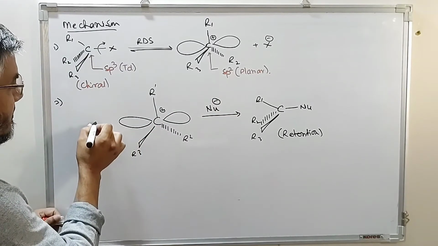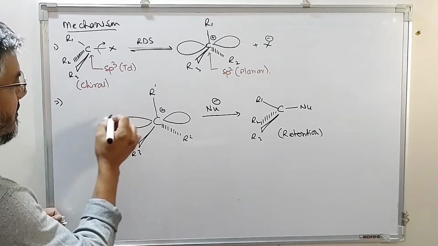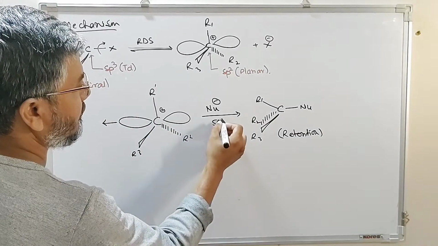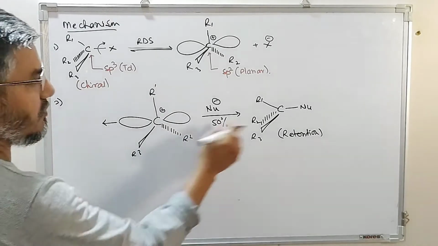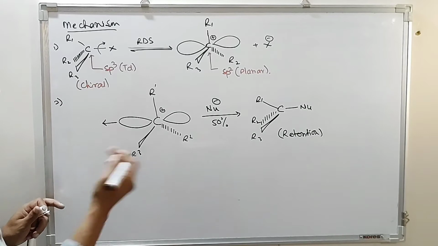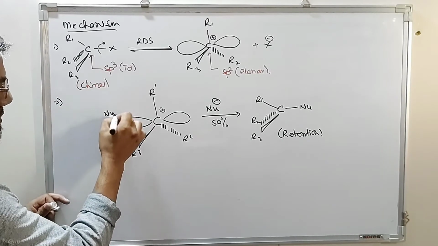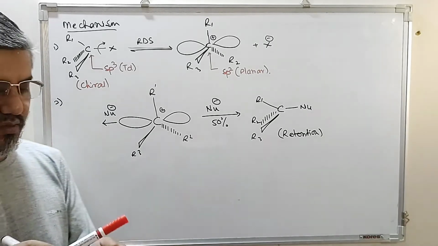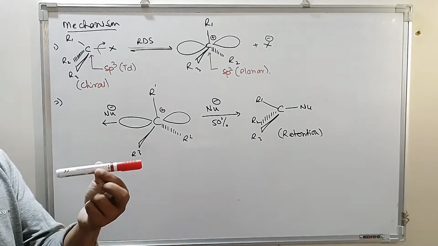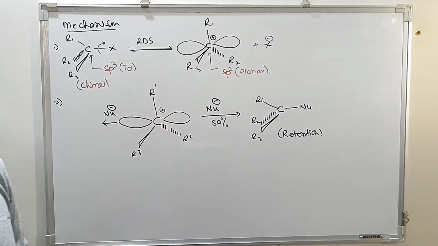On the other side, look at this. There's a 50% chance for formation of this retention product. On the other side, this being planar, these p orbitals are perpendicular to the plane of the molecule.